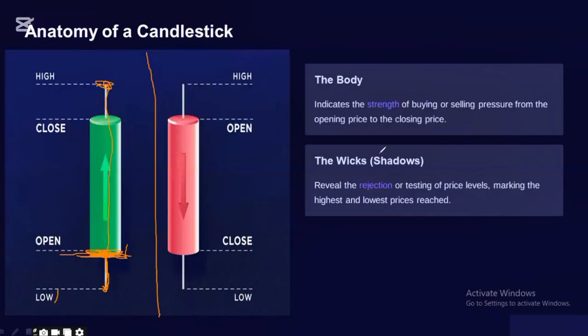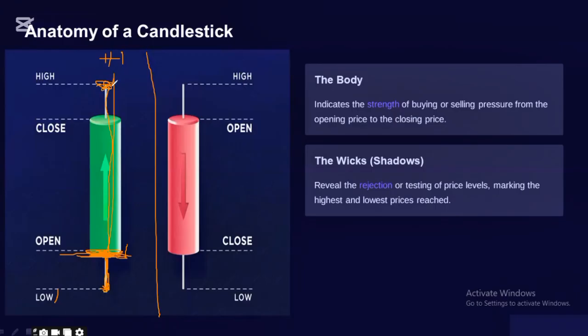If you remember, we said this candlestick also represents time frames. It could be 1 minute, 2 minutes, 3 minutes, depending on the time frame you're viewing. So let's assume this is a 1H or H1 candlestick, that is a 1 hour candlestick. So within the 60-minute time frame, the buyers were able to push the price from this low up to this high.